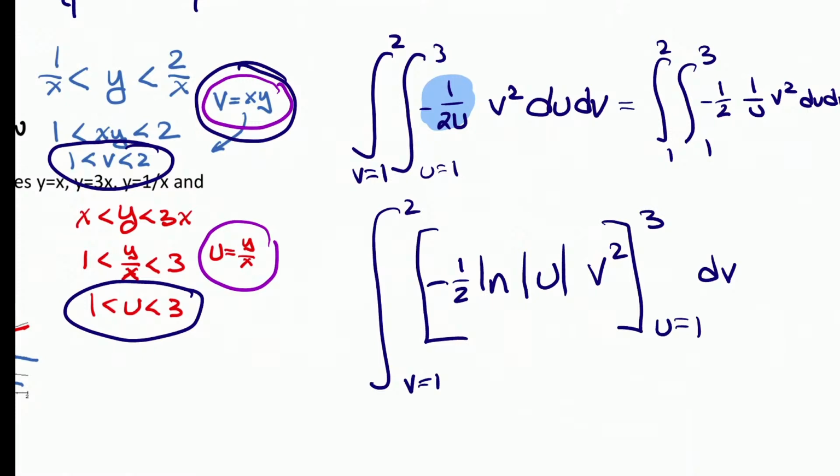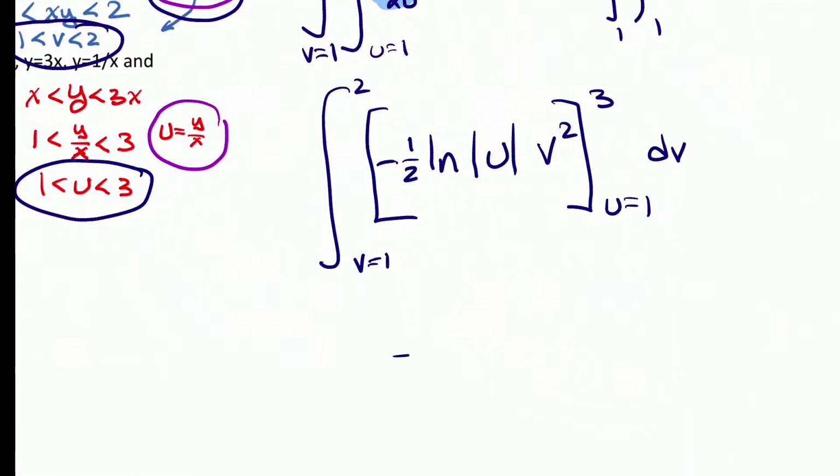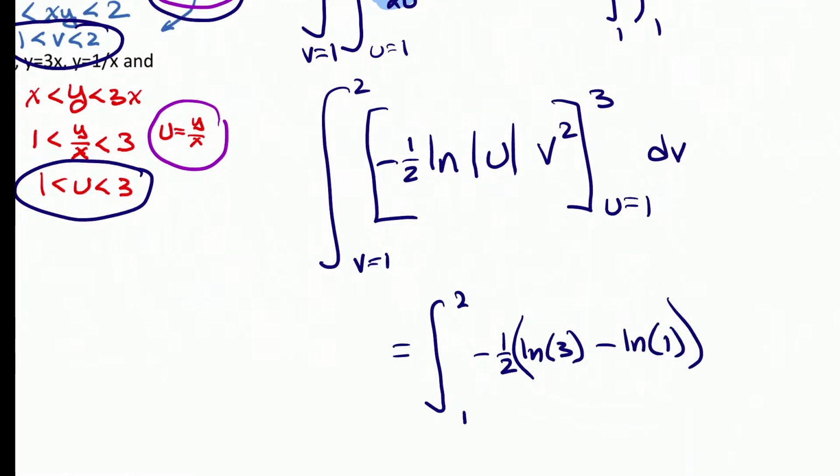All right, looking good. Next, we're going to actually plug in our limits. So this will equal the integral from 1 to 2 of negative 1/2 ln of 3 minus ln of 1 times v squared. I know I kind of did this in a weird way, but if you plug in the two limits, you can factor things out.